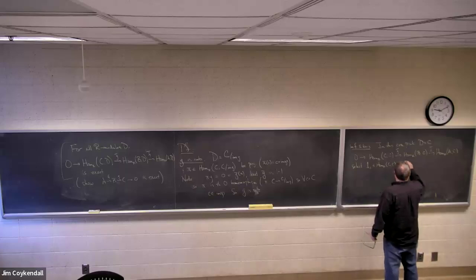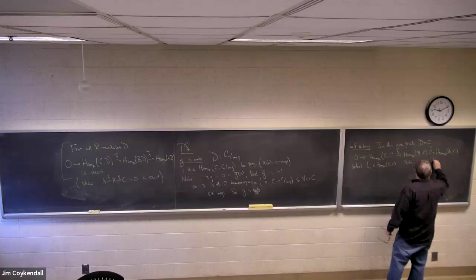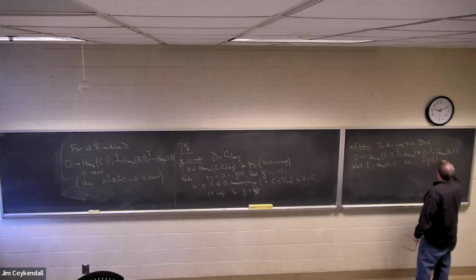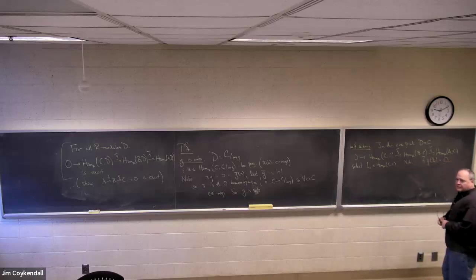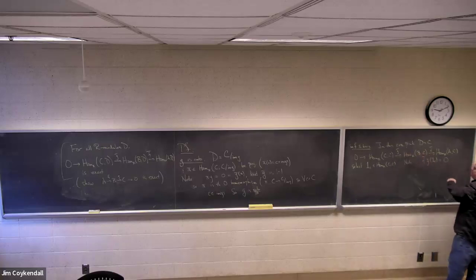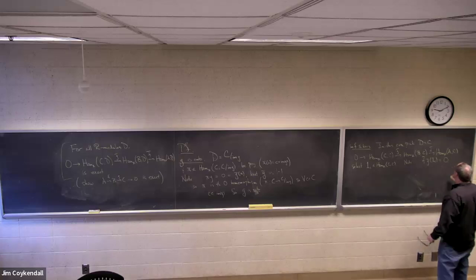Notice that if I do G bar and F bar, this is zero, because I know this is exact, so the kernel of G bar is contained in the image of F bar. But what is this exactly?